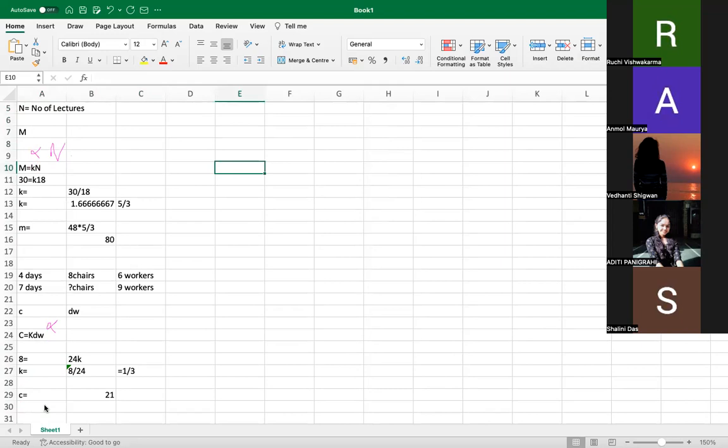Now, page 163 in my textbook, I'll do this problem here. It says 40 workers can make 16 shelves in 8 days.